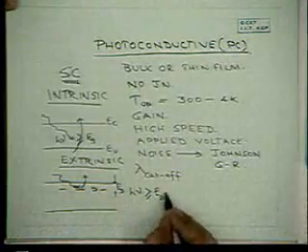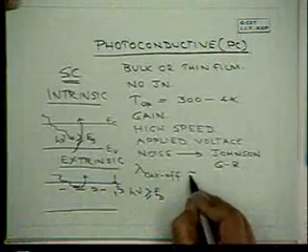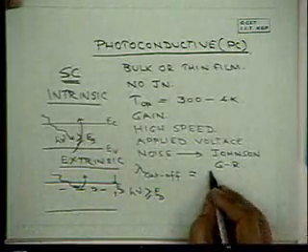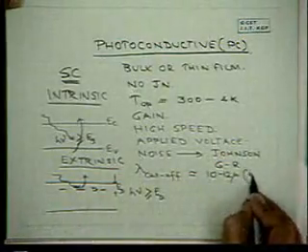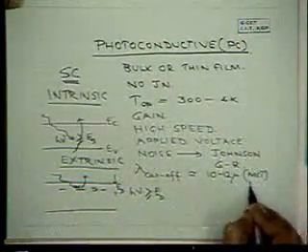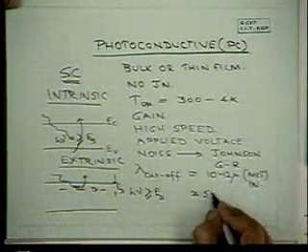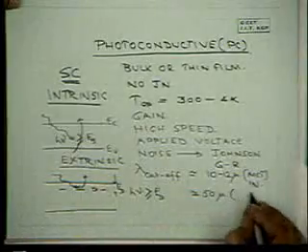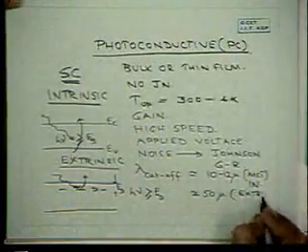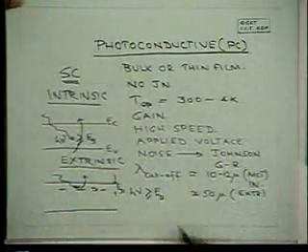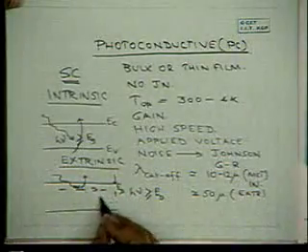And since Ed is of the order of 10 millielectron volt, lambda cutoff can be something like say 10 to 12 microns for MCT intrinsic detectors, or they can be 50 microns for extrinsic detectors, depending upon where the donor or the acceptor levels are.